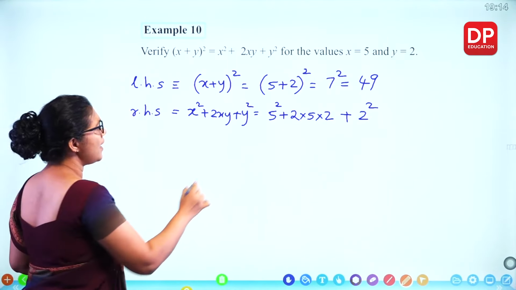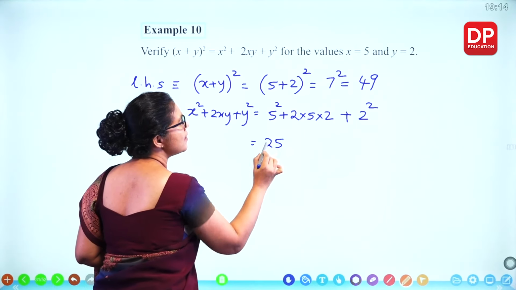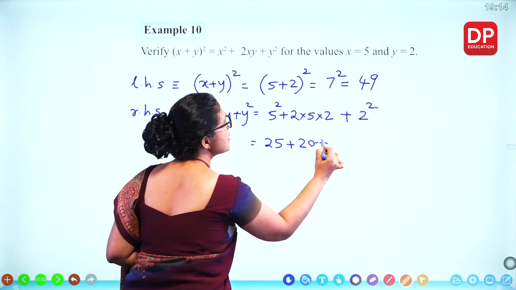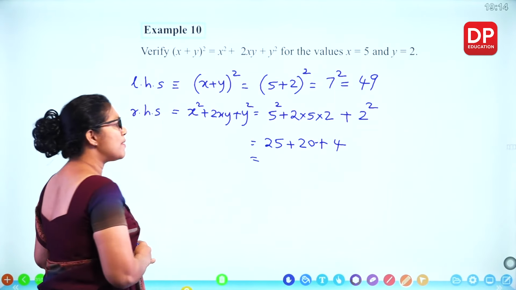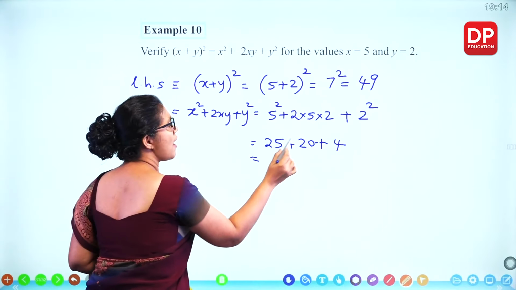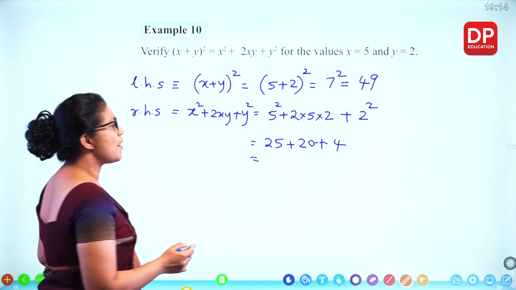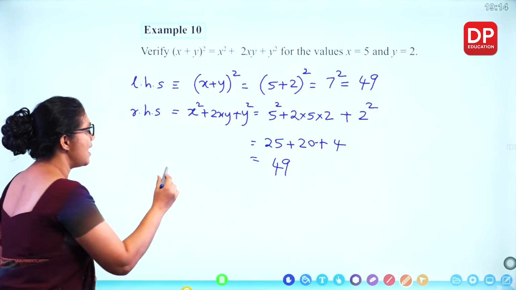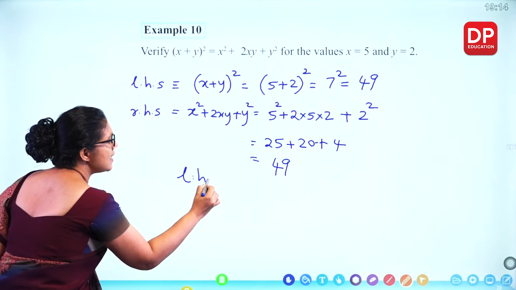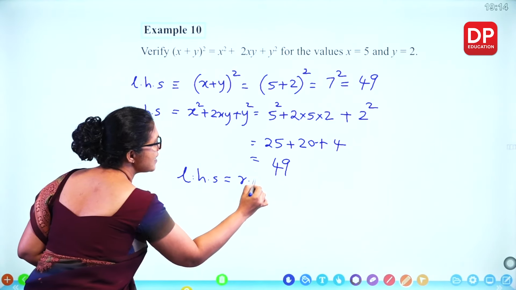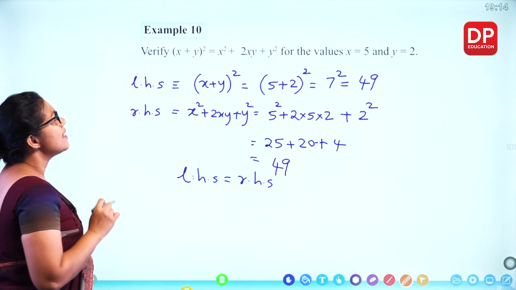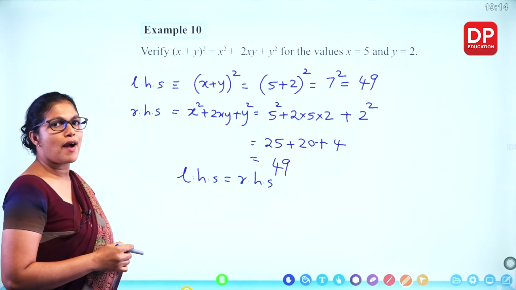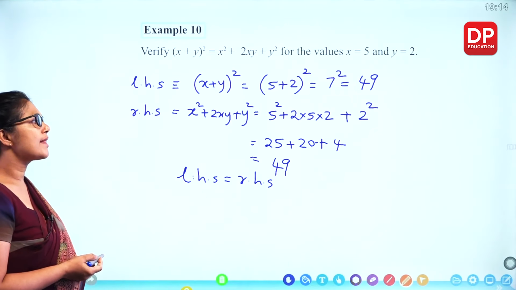Now simplify. 5 squared is 25. 2 times 2, 4. 4 times 5 is 20. 2 squared is 4. 25 plus 20 is 45. 45 plus 4 is 49. Now what you can see? The left hand side is equal to the right hand side. So that means this equation is correct. That's how you verify when you are given an equation like this.